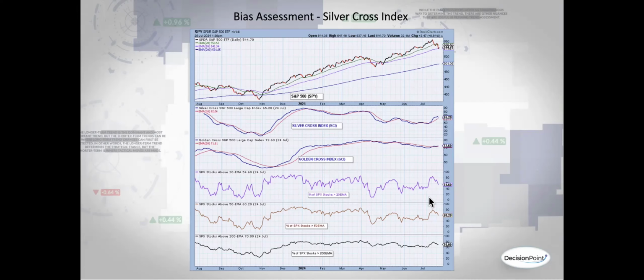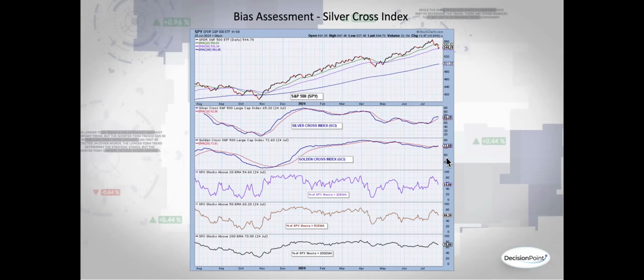So this tells us with only 60% above the 50-day moving average, the Silver Cross Index is likely to continue lower because now price is pulling down the amount of stocks that have price above their 50-day EMA. So it is vulnerable to more decline, which is a problem right now for the market.